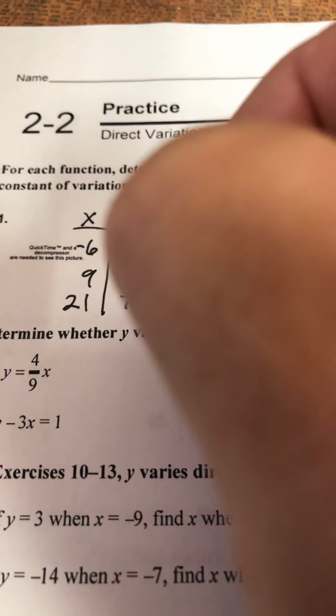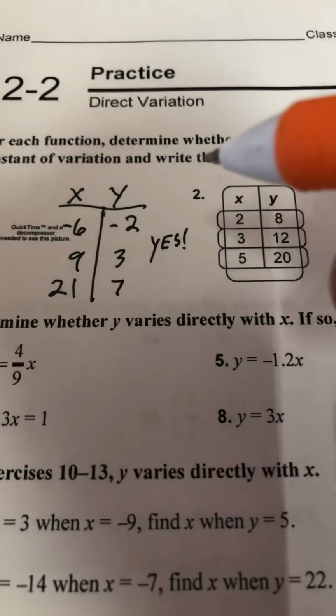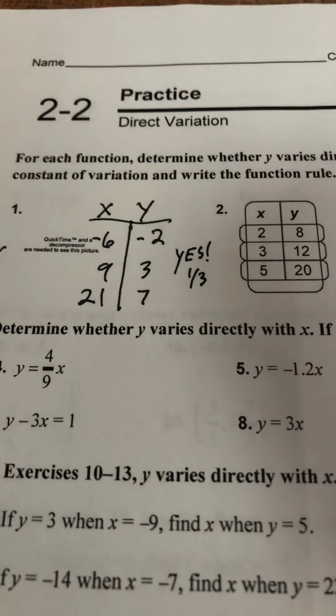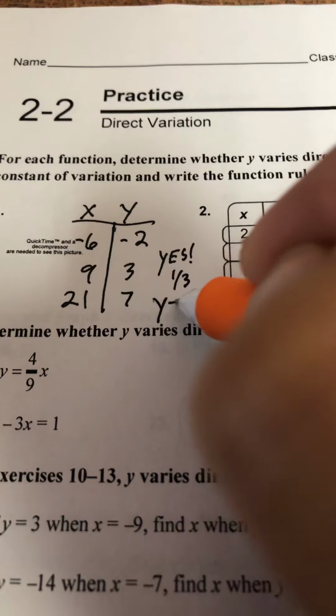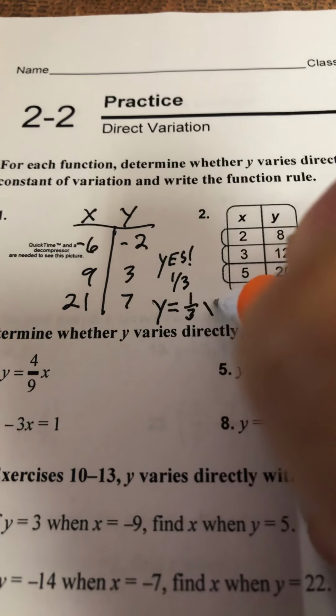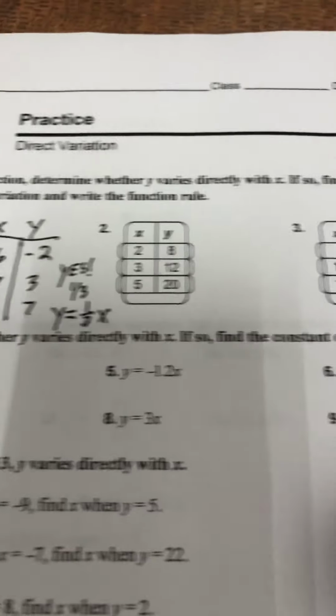So you should say yes with this one, and it is 1/3. The function rule would be y equals 1/3 x. I'm kind of writing small, squeezing it in there.